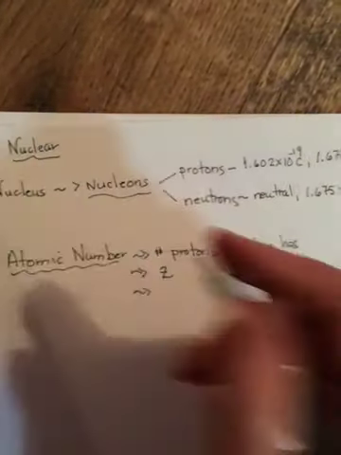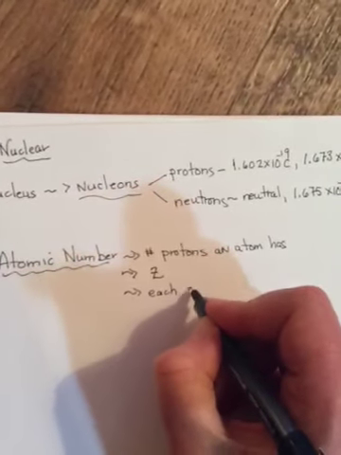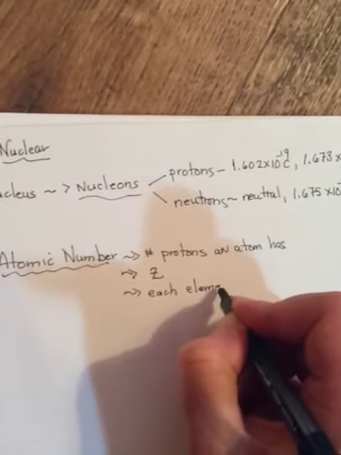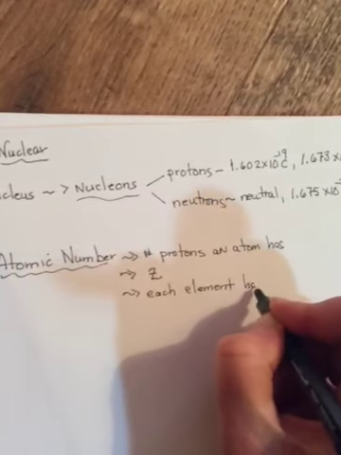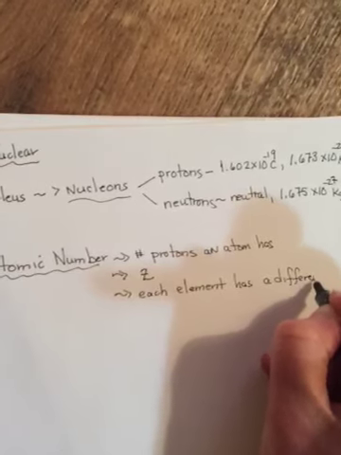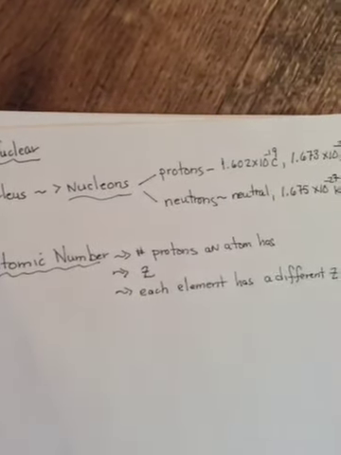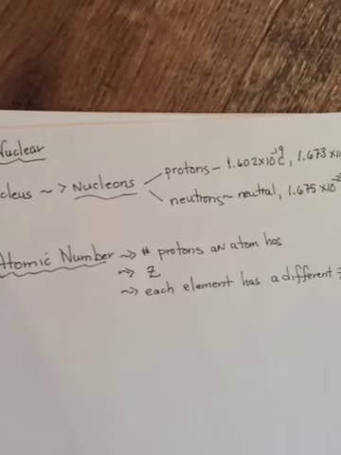Okay? So each element has a different number of protons. And therefore, each element has a different atomic number.